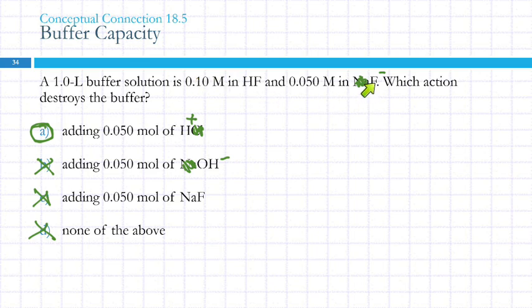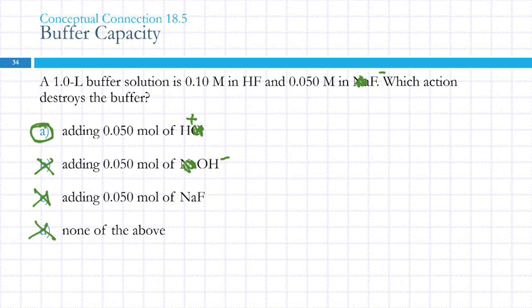It's going to react with the conjugate base. It's going to make more acid. Because this is 0.05 moles, and this is 1 liter of 0.05 molar, it's also 0.05 moles. So it's going to use up all the F minus. It's going to turn that into HF, and then we're just going to have a solution of hydrofluoric acid. It won't be a buffer anymore.